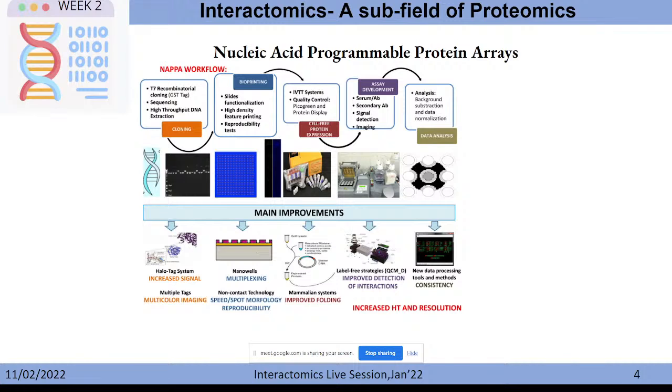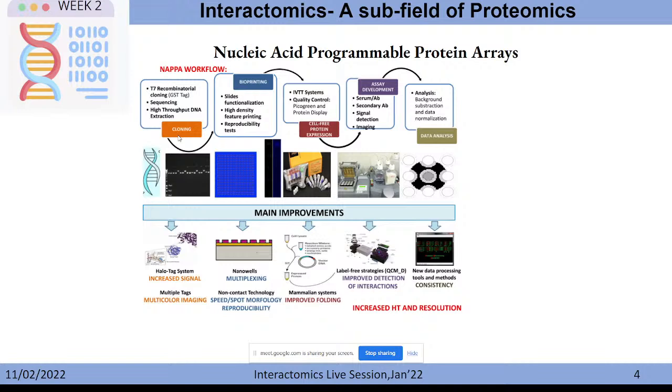As I told, this is the current workflow in place: you need recombinant cloning, GST tag, sequencing, and high throughput DNA extraction because of the cloning purposes.